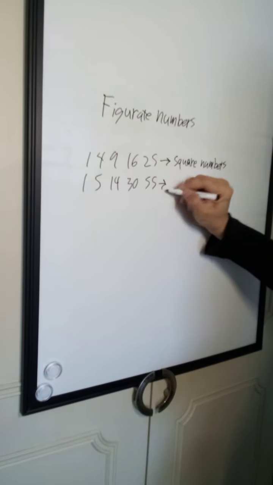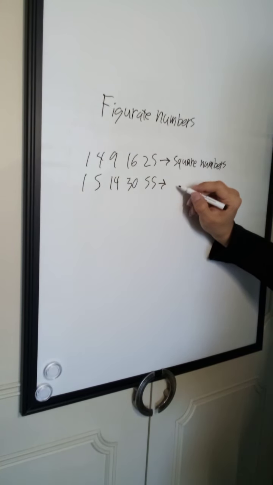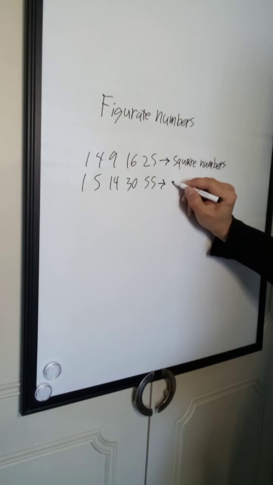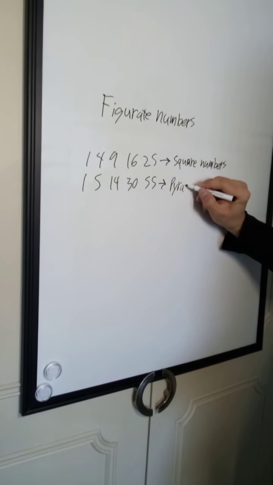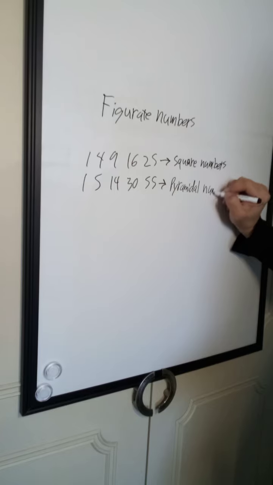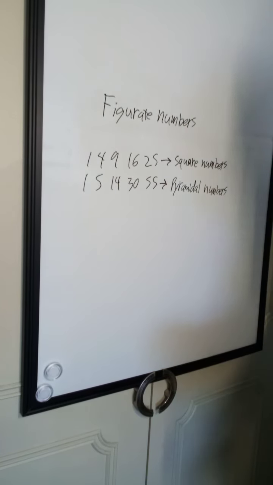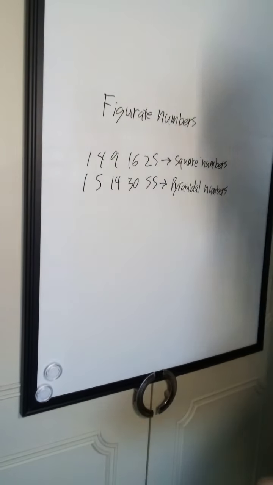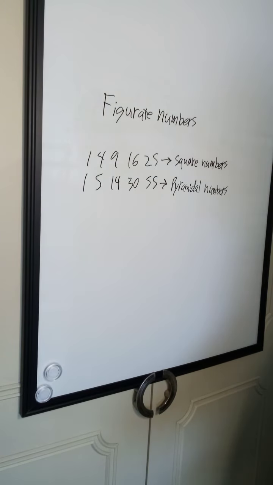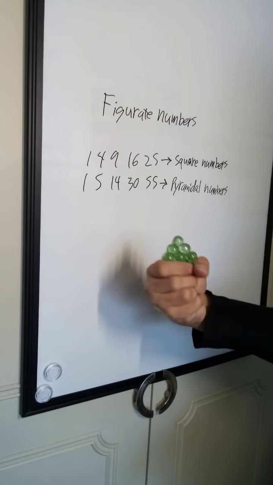And this would be pyramidal numbers, or square-based pyramidal numbers. For now, I'll just call it pyramidal. Imagine what it looks like, but I'm going to show you anyway. This would be a pyramidal number.